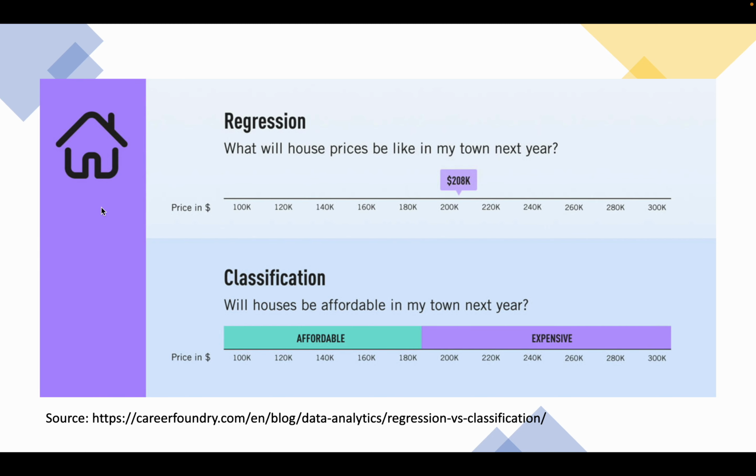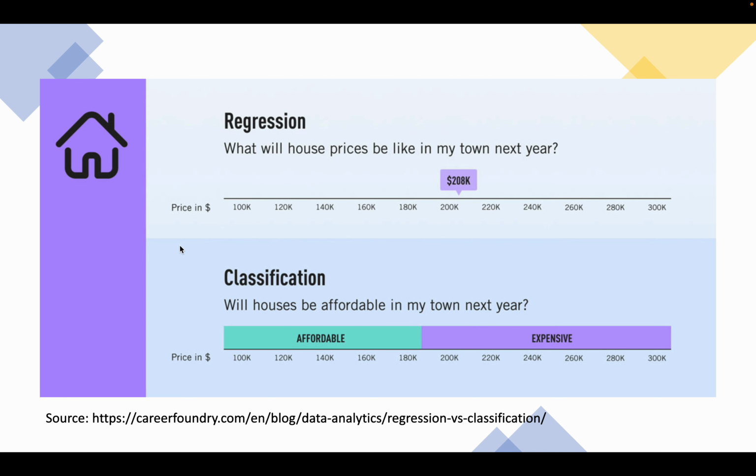Let's see an example of housing price. In a regression problem, maybe we can define our question as what will house prices be like in my town next year, and the possible outputs can be any number on this line from 100k USD to 300k USD.